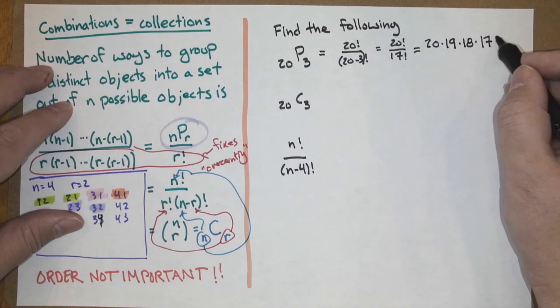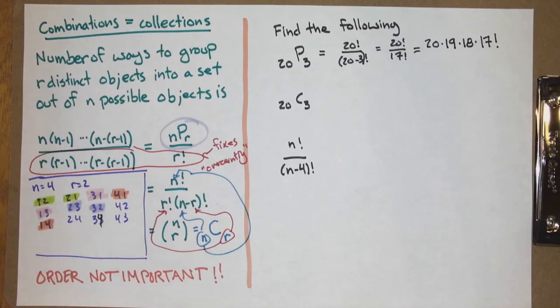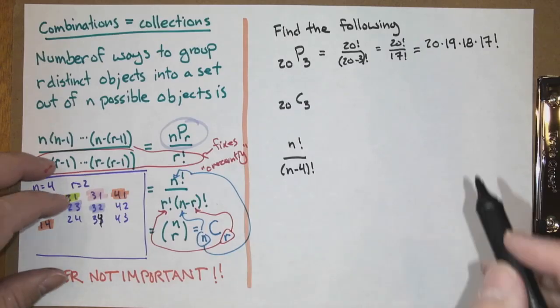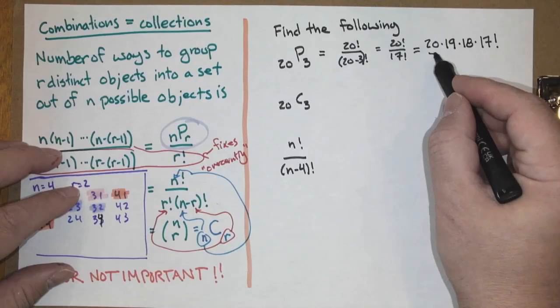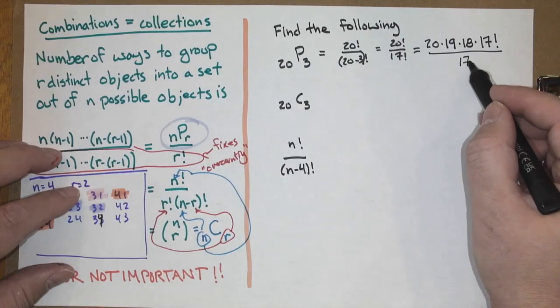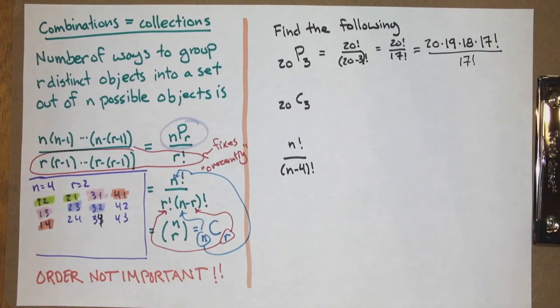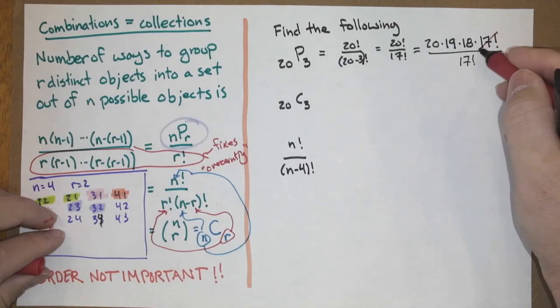So what I can do is I can replace 20 factorial by 20 times 19 times 18 times 17 factorial. In other words, I can sort of pull off the start of the factorial up until the point I need. And I stop at 17 factorial. The reason I stop at 17 factorial is what's downstairs. Well, 17 factorial. Now what can you do? Cancellation.